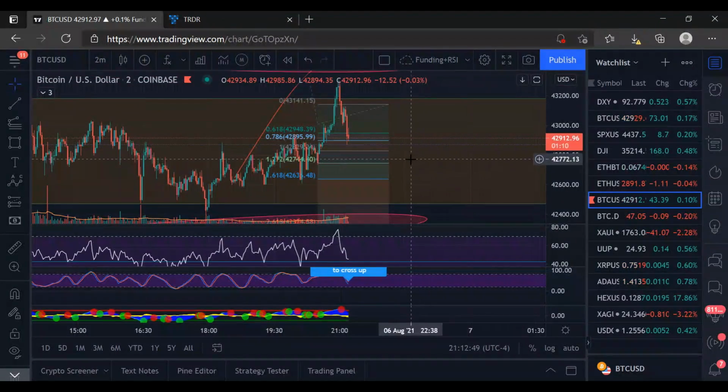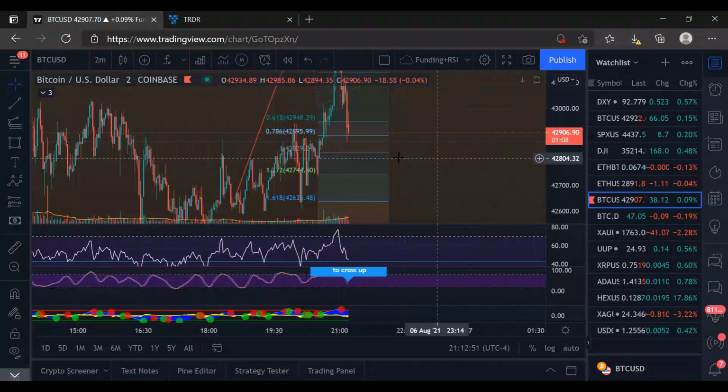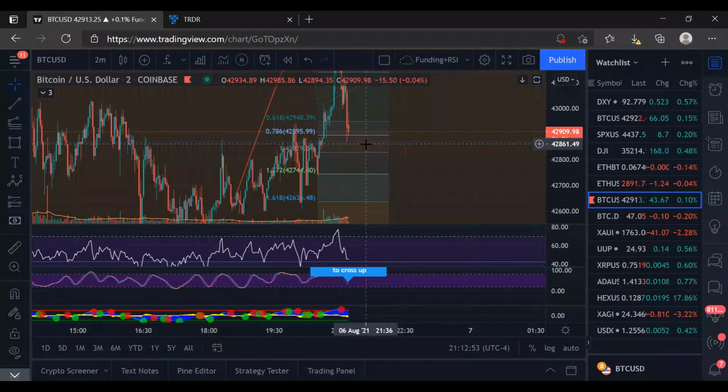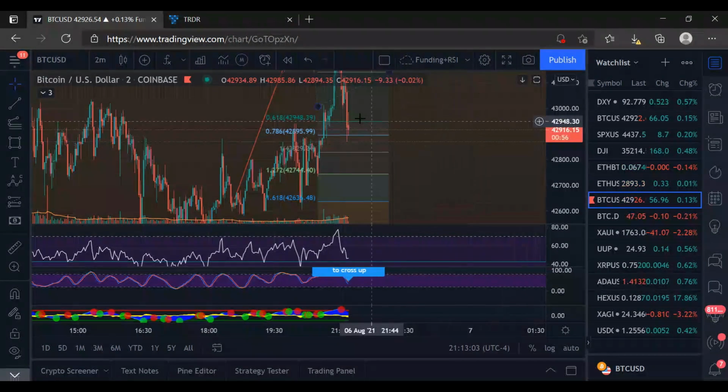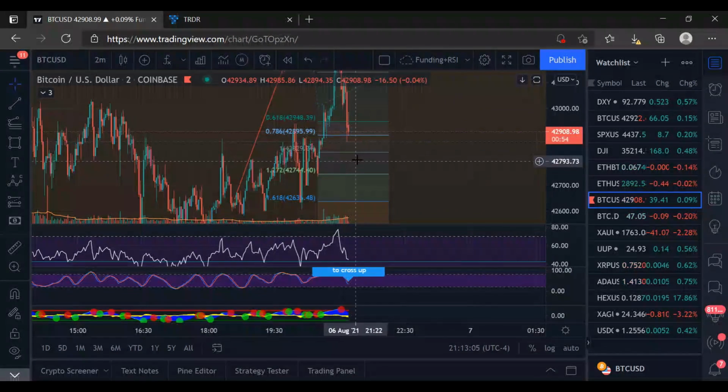Tag that daily open perfectly. That blue dotted line is where the daily opened, and it bounced right off it, which is very common. So now if it breaks below it, I'd expect it to back test that and then continue down.